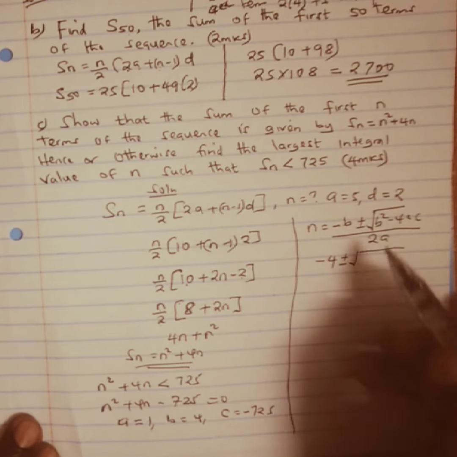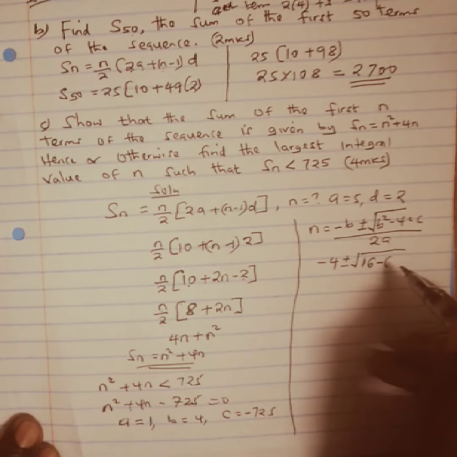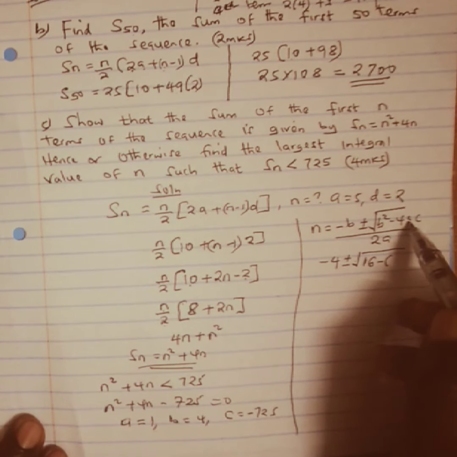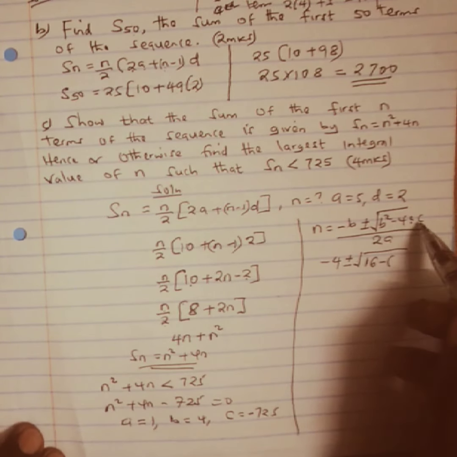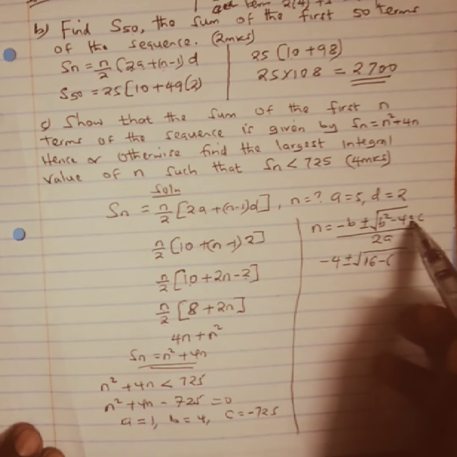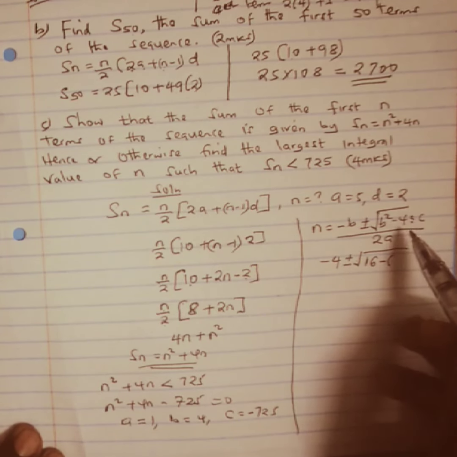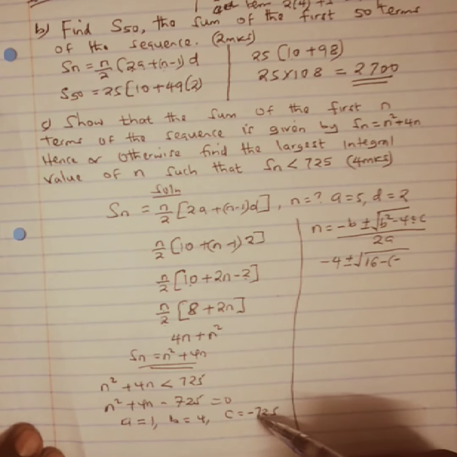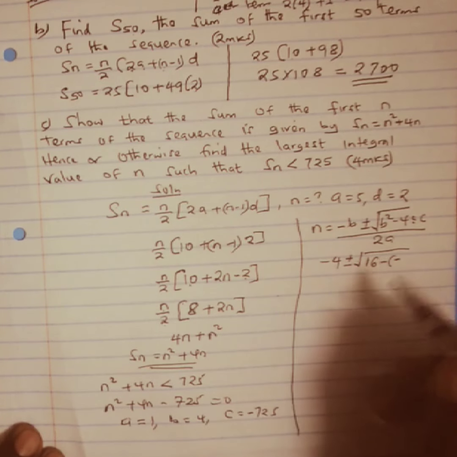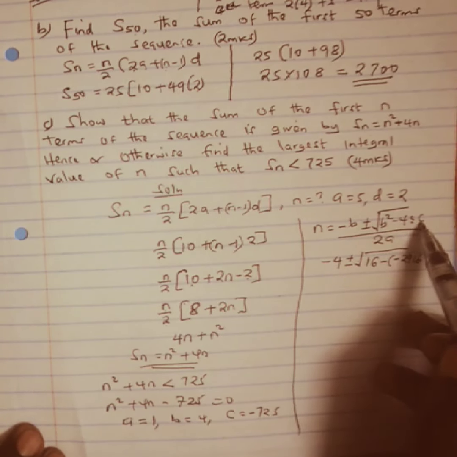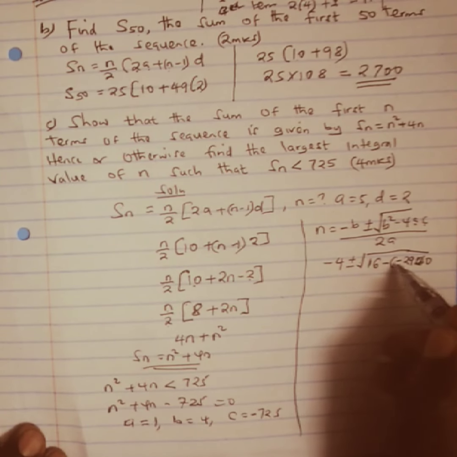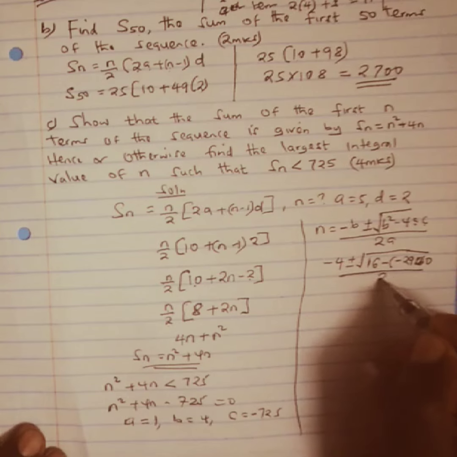Remember, b is 4, so 4 squared is 16, minus 4 times a, which is 1, times c. So 4 times 1 times c will give us minus, c is negative 725 times 4, giving us 2,900. But remember, minus will give us a plus, everything divided by 2.